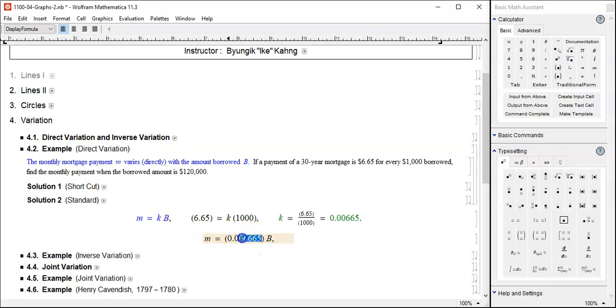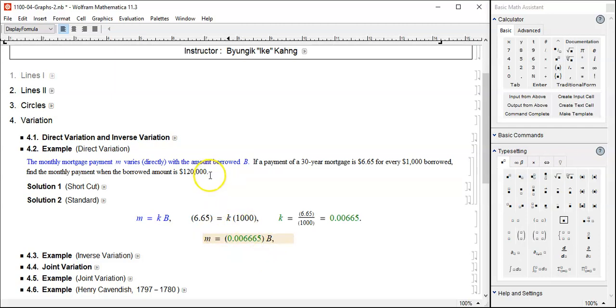Now this equation here, with this k value now highlighted in green, this second equation here is a version of this one, except that this is practical, this can be used. This one is complete, this one is incomplete because I don't know what k is. I know what k is, so this one can be used. Let's use it.